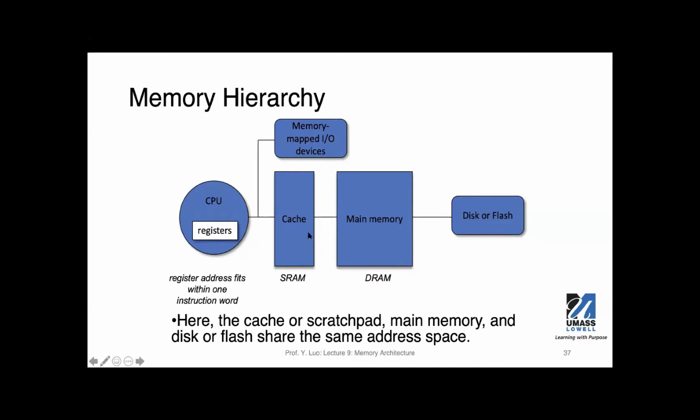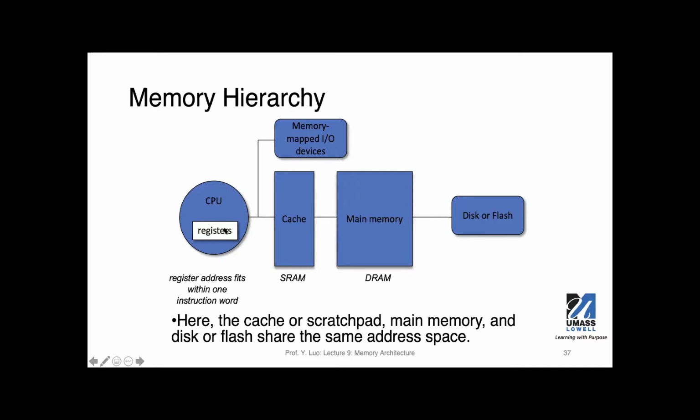If you go further from the CPU, you will see a larger memory component based on DRAM. DRAM has a higher density, but it has to rely on refresh to retain the information. And cache is part of the DRAM address space.